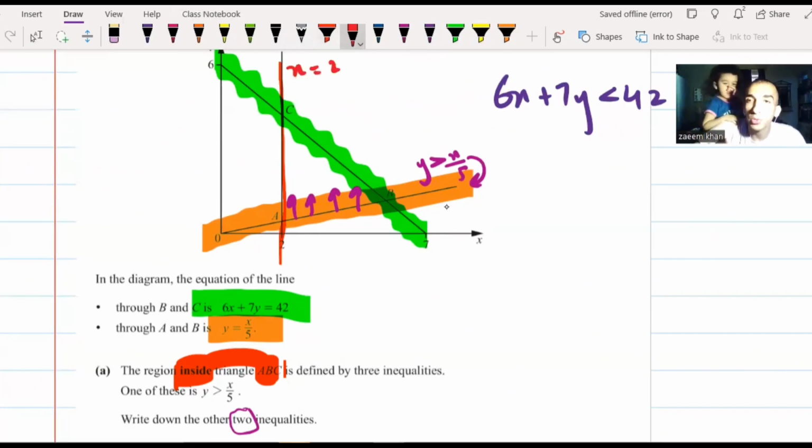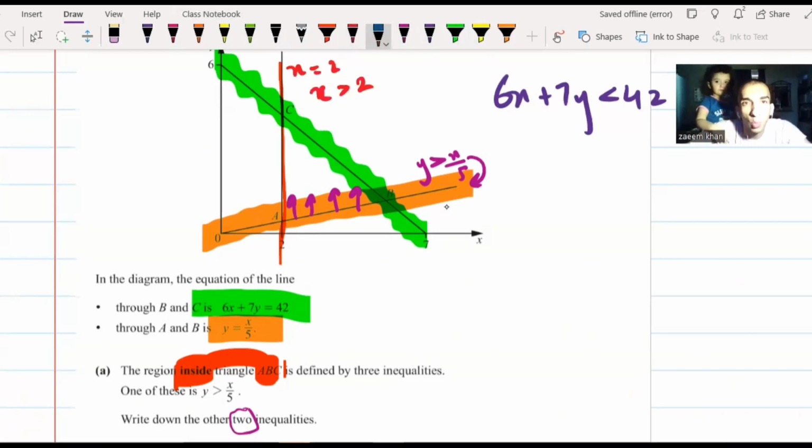Now, if I try this triangle ABC, what would you do to change this equation into an inequality? x is bigger than 2. x is greater than 2.